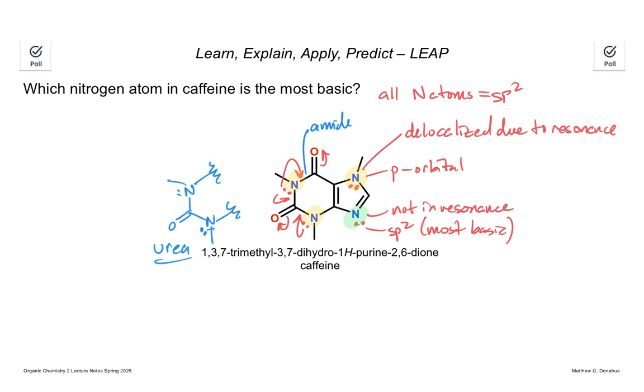It's just in an sp2 orbital that's just sticking out sort of orthogonal to the pi cloud. And like I said, the ones in the amide and the urea, they have resonance with the carbonyl group. So that's where, again, the nitrogen is acting as a base to do a proton transfer.